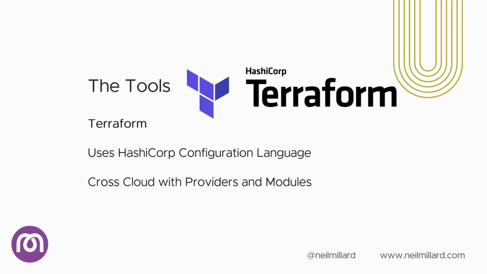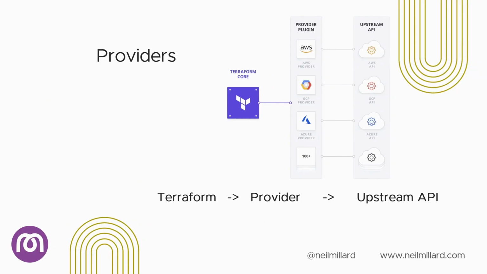So first up, Terraform. What does that do? It uses HashiCorp configuration language, and it can go cross-cloud with multiple providers and modules. Providers are a way of expanding the core Terraform into having other functions that can be used with an upstream API. When I talk about an upstream API, I could be talking about something like AWS, or Google Cloud, or Azure.